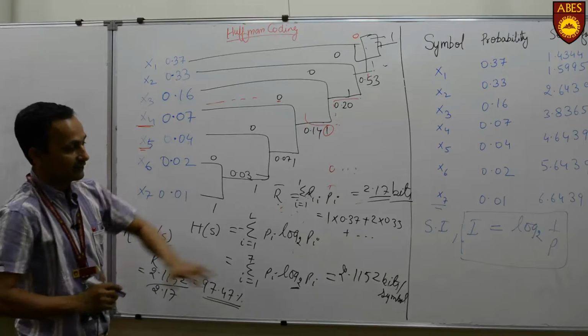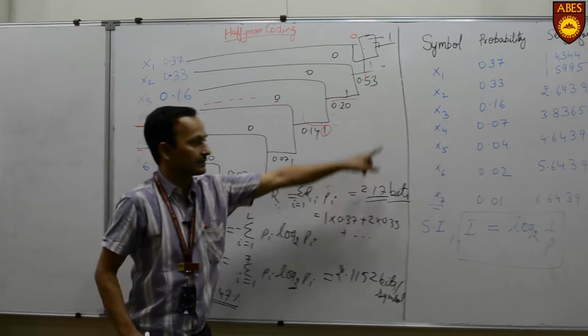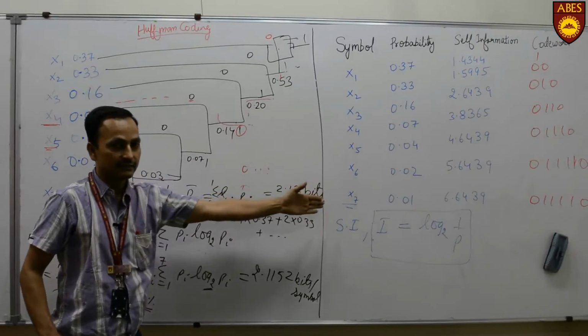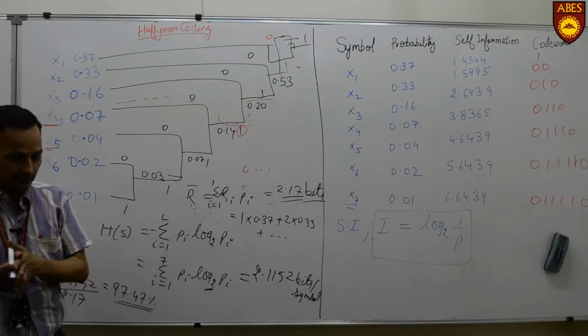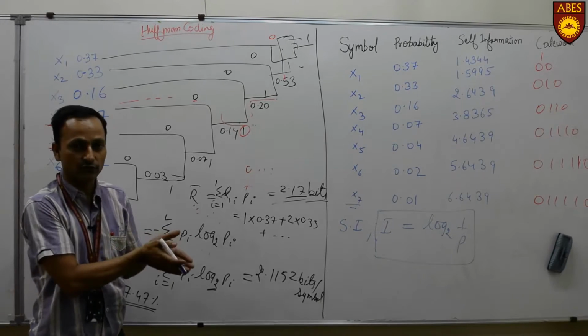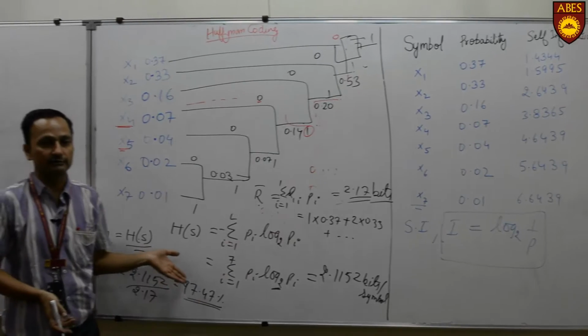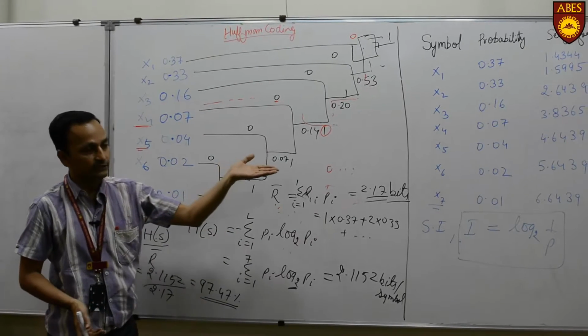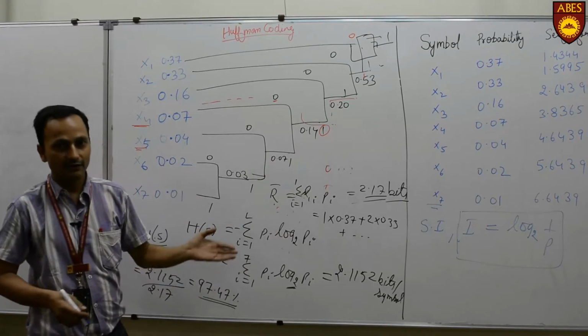If we compare Huffman coding with other coding algorithms like Shannon-Fano and Shannon coding, this comes out to be the more efficient algorithm in terms of bits used to encode the information. This is all about Huffman coding.